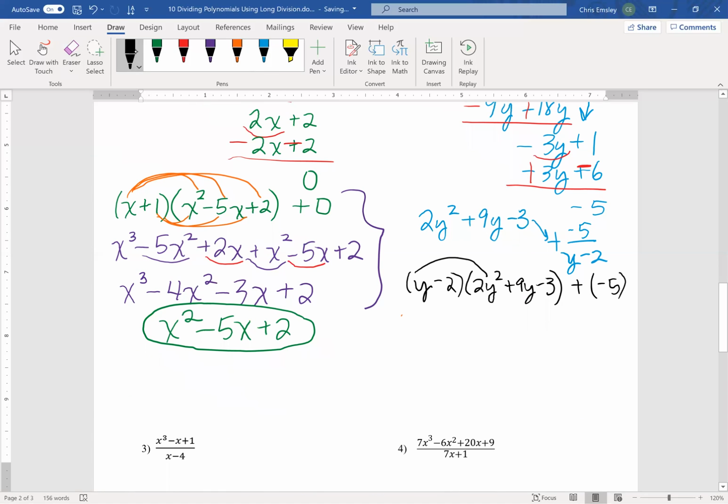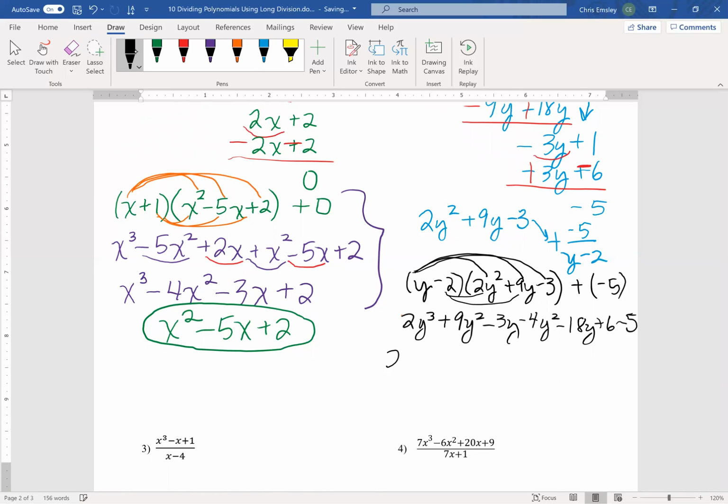So y times 2y squared, and y times 9y, and y times negative 3. And then negative 2 times 2y squared, and negative 2 times 9y, and negative 2 times negative 3, and then that minus 5 we have on there at the end from the remainder.